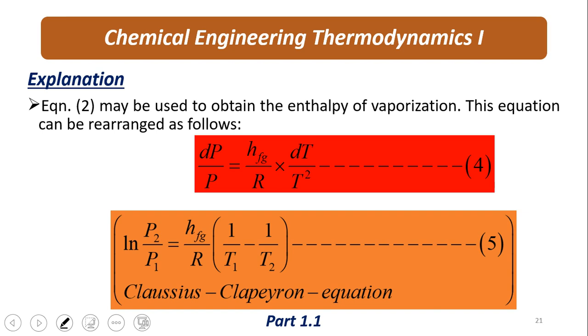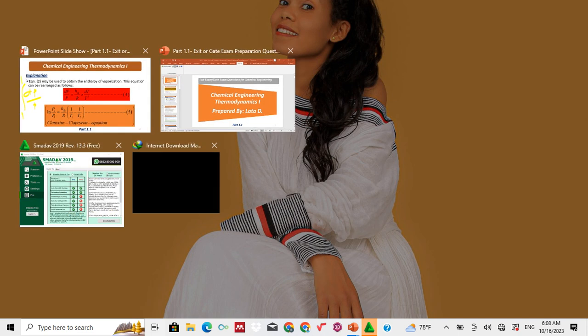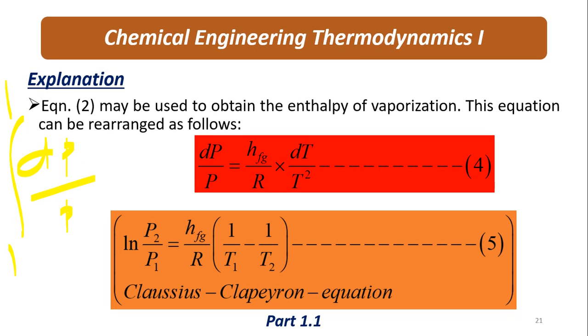So integrating this equation, dP divided by P, integration from P1 to P2, is equal to the integration of HFG, which is constant, divided by R, integration from T1 to T2 of dT by T squared.